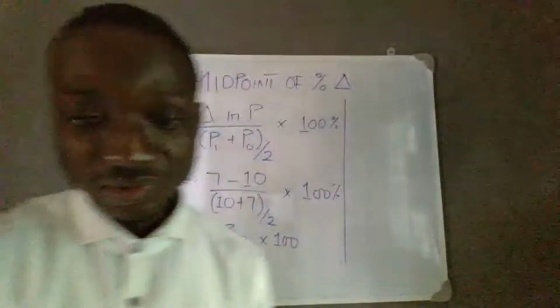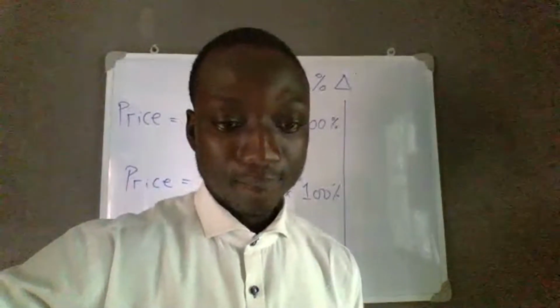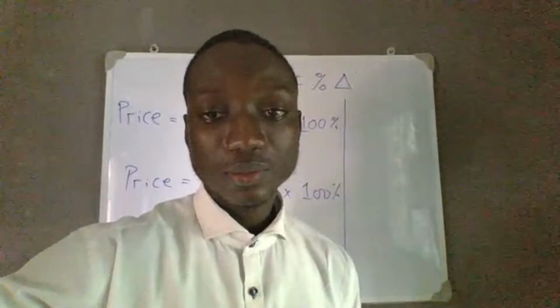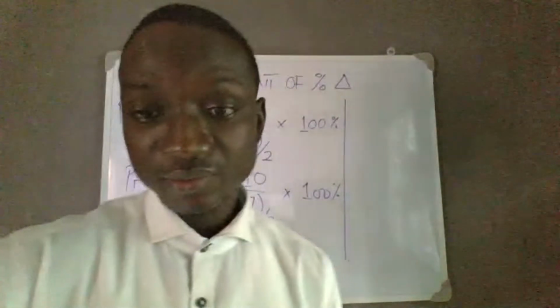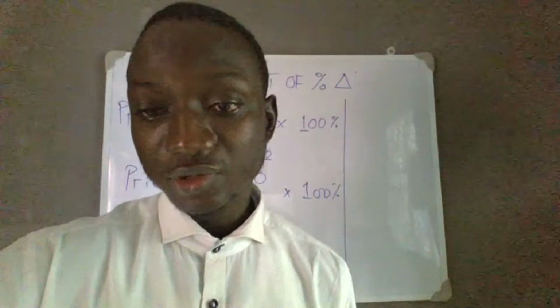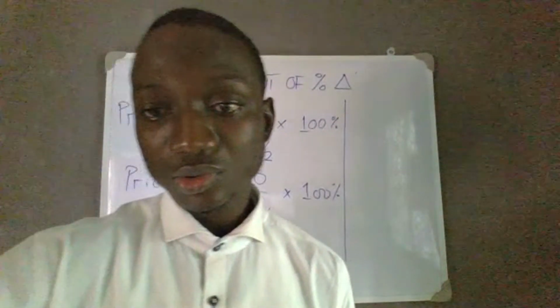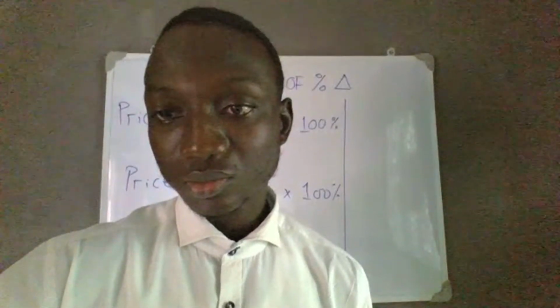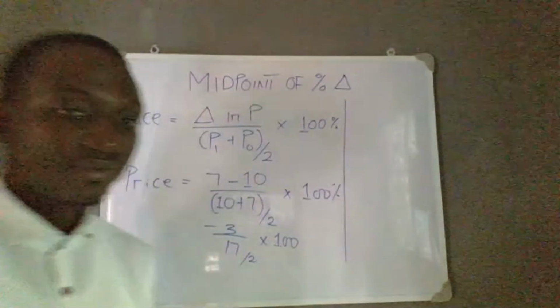Let me get my calculator. 17 divided by 2, we are having 8.5.